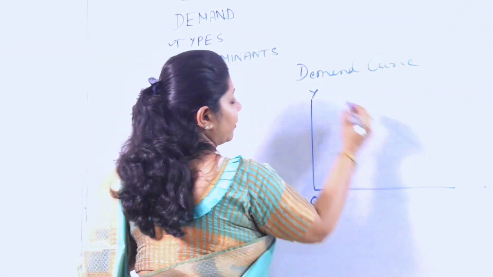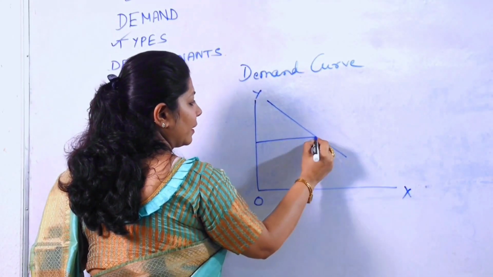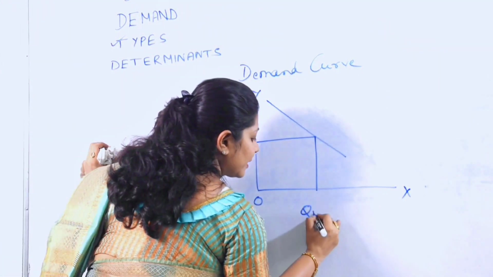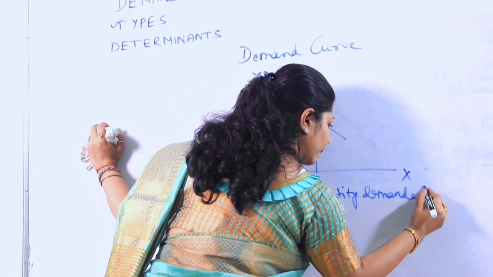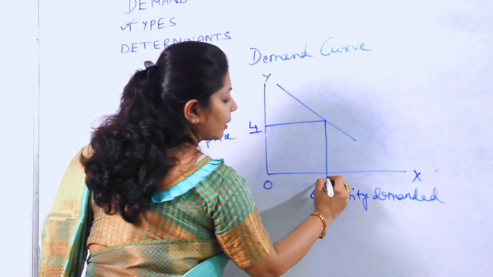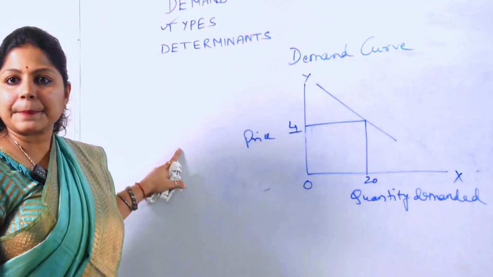The graphical representation of the price of the commodity and its quantity demanded by the consumer at a given period of time. Now this is a graph. This is price and this is quantity demanded. When the price of the commodity is 4, 20 units of the commodity are demanded.